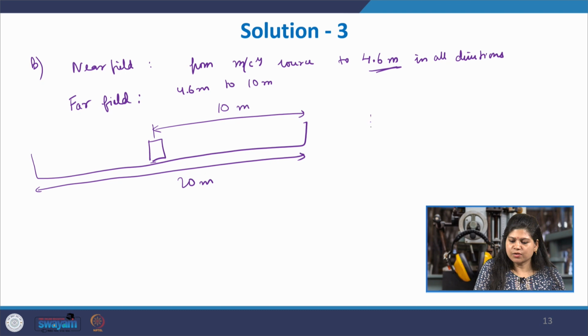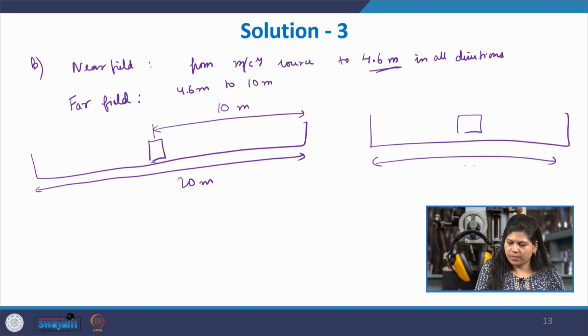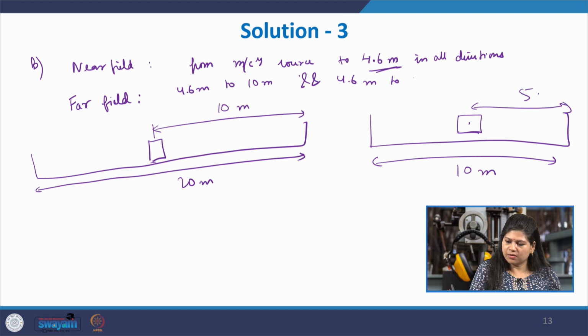For the smaller dimension, which is 10 meters, it would be from 4.6 meters up to 5 meters, considering the machinery is placed at the center. So, up to 5 meters, very small.